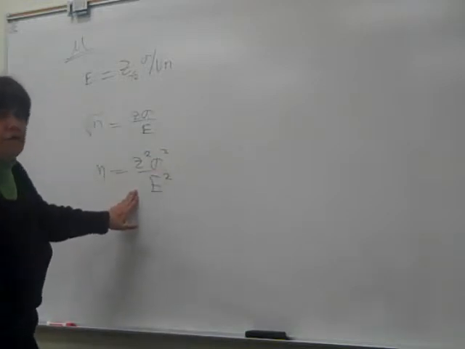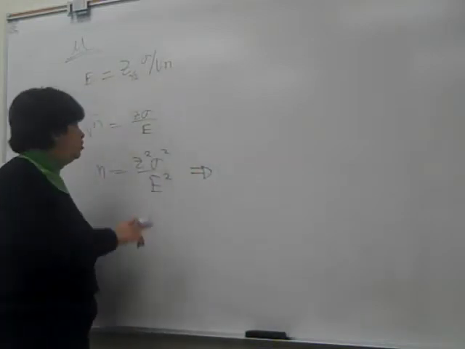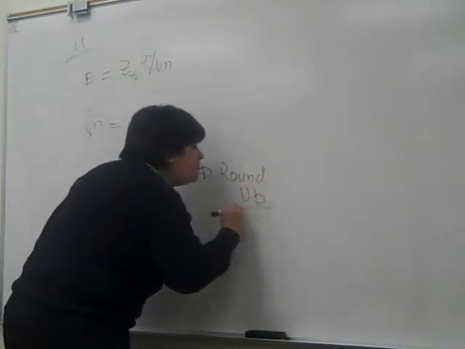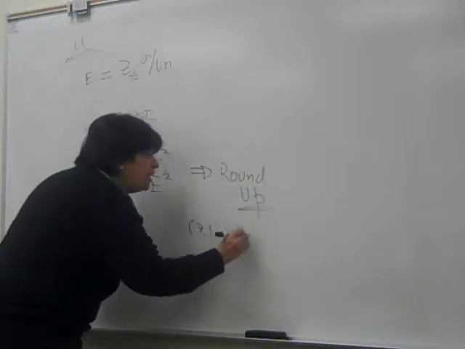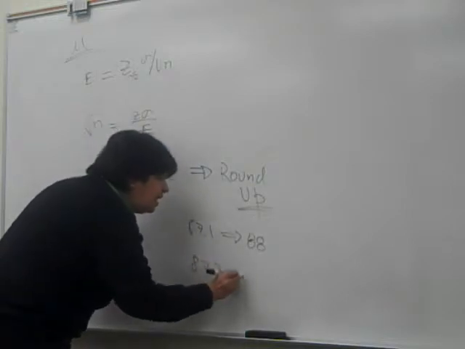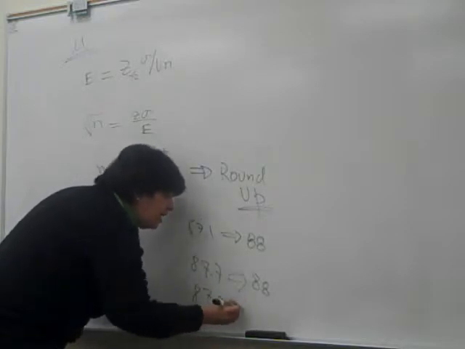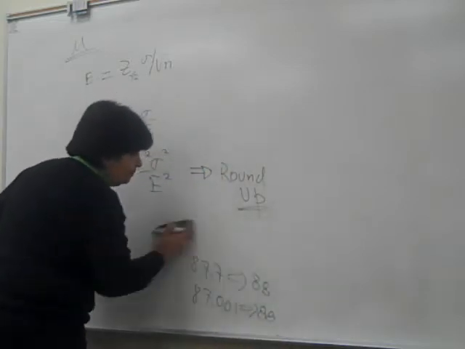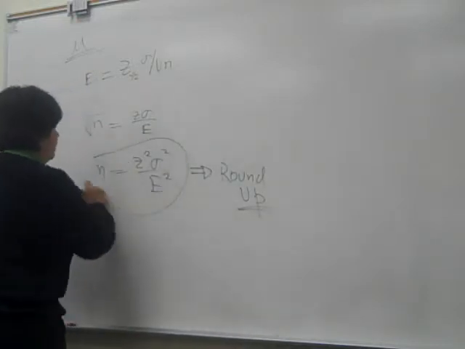In order to find the real sample size, I need to round up, always up. So if I have 87.1, it means that my sample size has to be 88. If I have 87.7, it is 88. If I have 87.001, it is 88. Okay, so always round up your number. That's it. This is the formula that you're going to use.